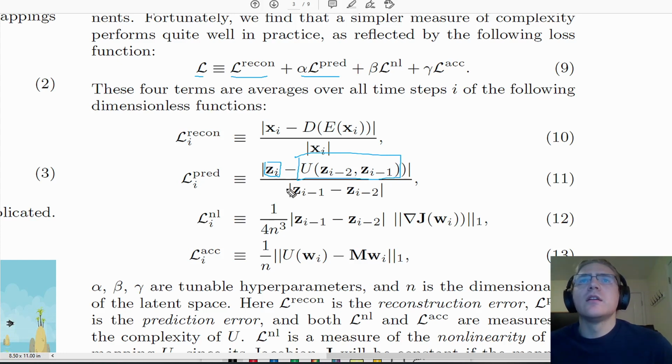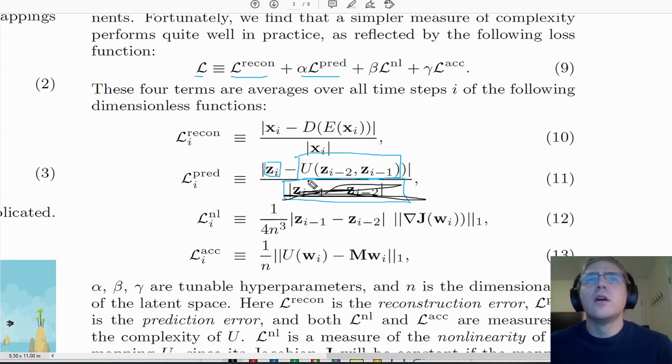And then they do mention that they had to divide it by the difference of the previous two latent space vectors, because if you're not careful, this ends up trending towards zero. If we ignore this for a moment, if z is constant, then u is just going to say, okay, we're going to keep it the same as z_{i-1}.